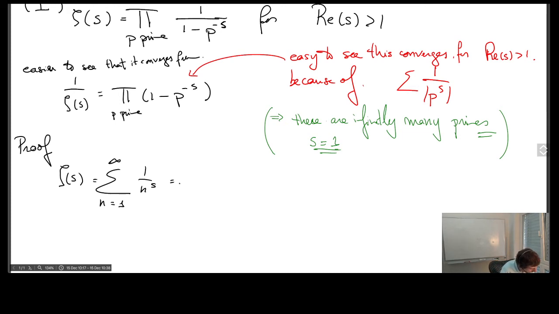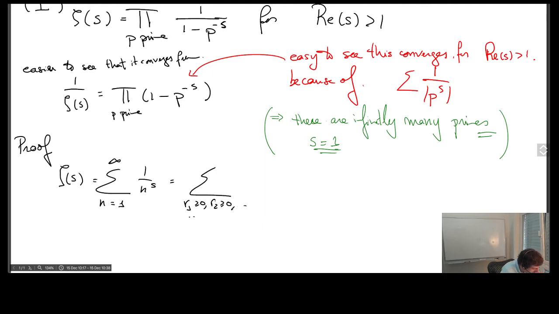Now, every number can be written in exactly one way as a product of primes. This is the basic theorem, I think it's called the fundamental theorem of arithmetic, certainly a basic theorem in number theory. And so I can write this by numbering the primes from 1 all the way to infinity, and taking the sum over all possible choices of exponents for the primes.